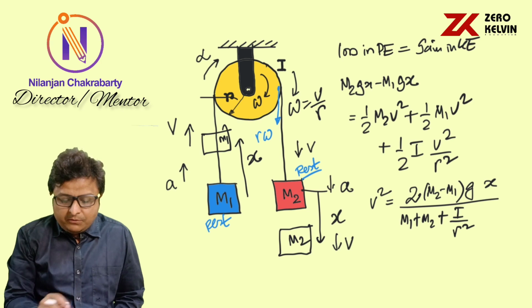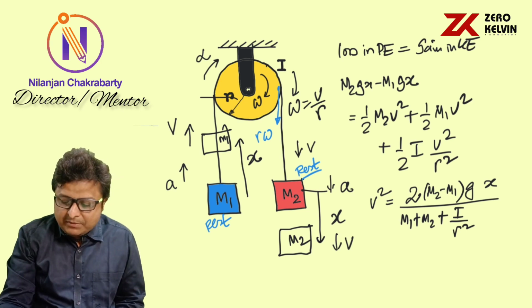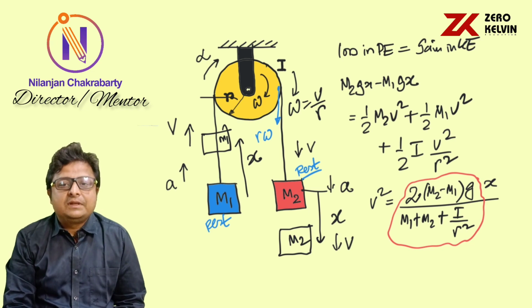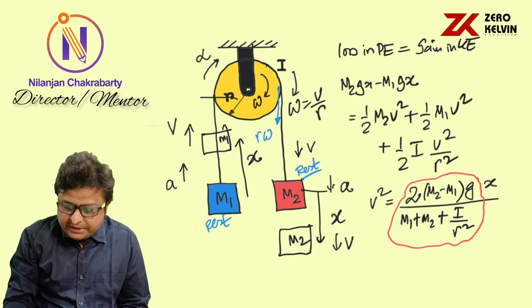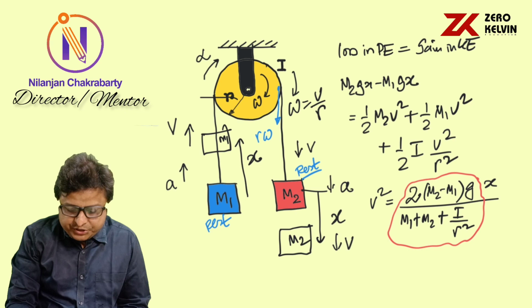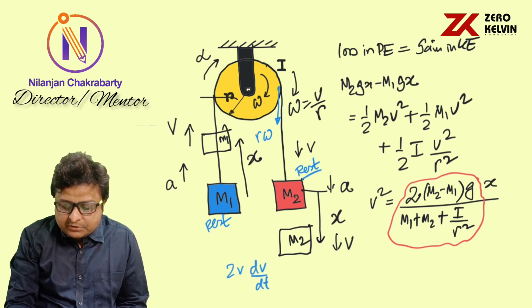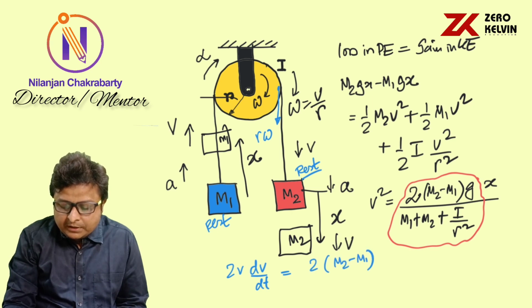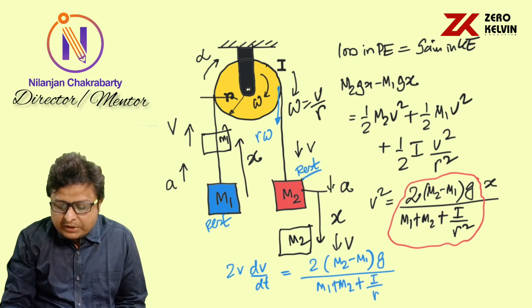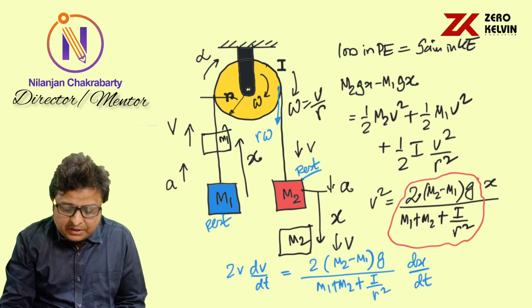Now actually nothing much is left in this: v squared equal to 2ax. If you want to be doubly sure, you can differentiate with respect to time, that is 2v dv/dt equals 2(M2 minus M1)g by (M1 plus M2 plus I by r squared) times dx/dt. Now dx/dt is nothing but v.